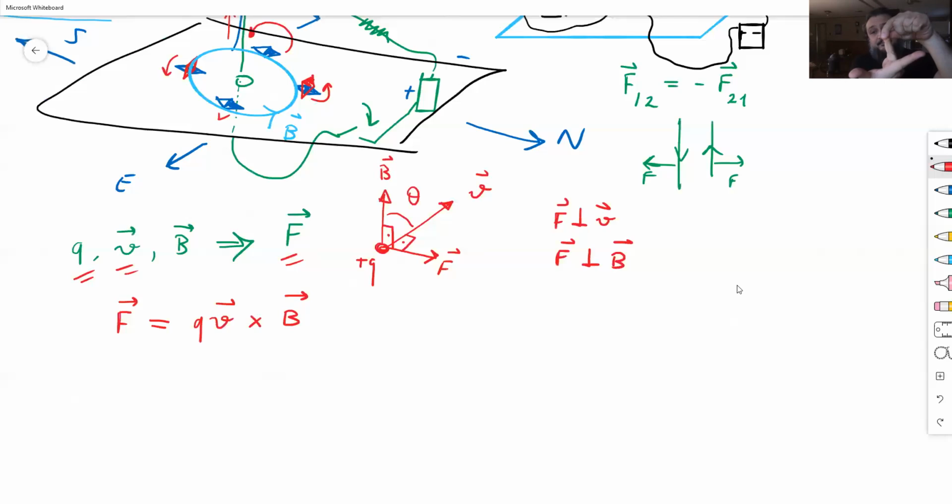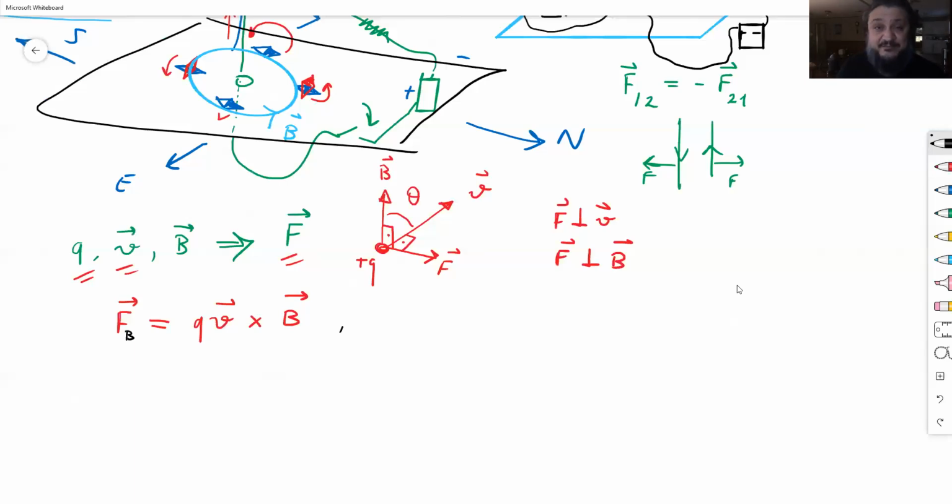Okay, that's how you think about it. You first determine the direction of the cross product V cross B. If the charge is positive, that is the direction of the force. If the charge is negative, just flip it 180 degrees. That's how you find the direction of the magnetic force, FB, if you will.